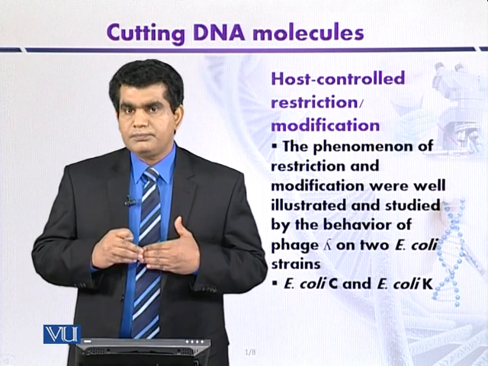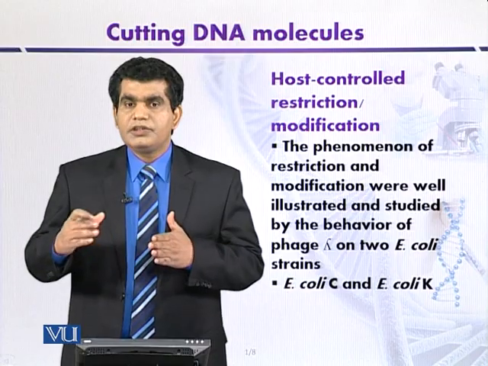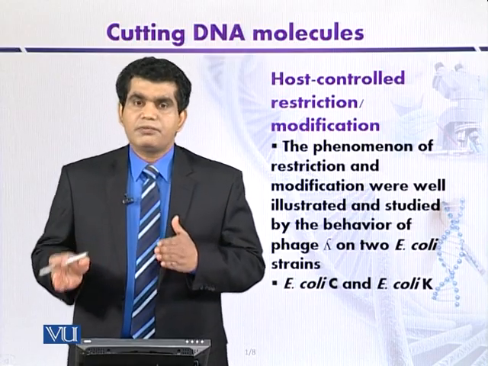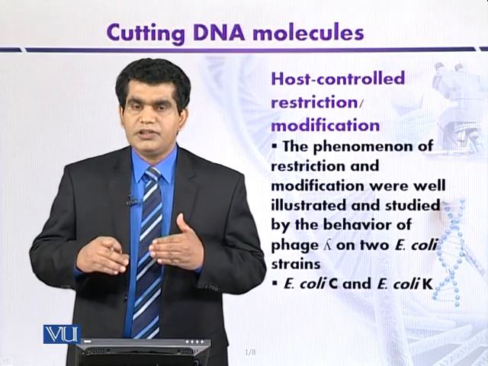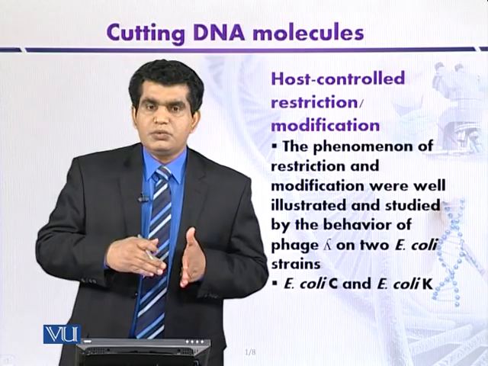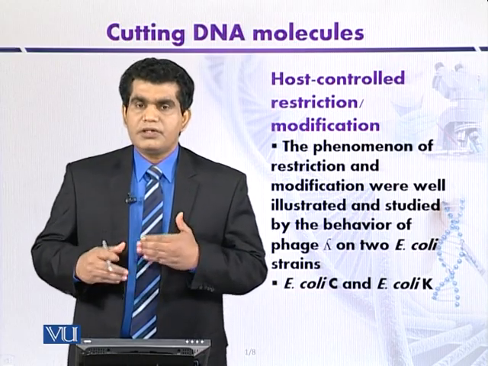But if the bacteriophages that were grown on the second host, E. coli K, are recycled on the first host, E. coli C, and then used to reinfect E. coli K, then again they will be restricted.